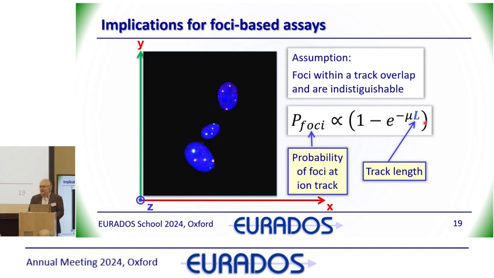And here the track length enters. And of course you have a proportionality factor, which is basically the number of DSBs per unit length of the path. In the case that you have loosely ionizing radiation, it can happen that this prefactor is actually very small, so that you can expand this exponential, just do the Taylor expansion and take the linear term.